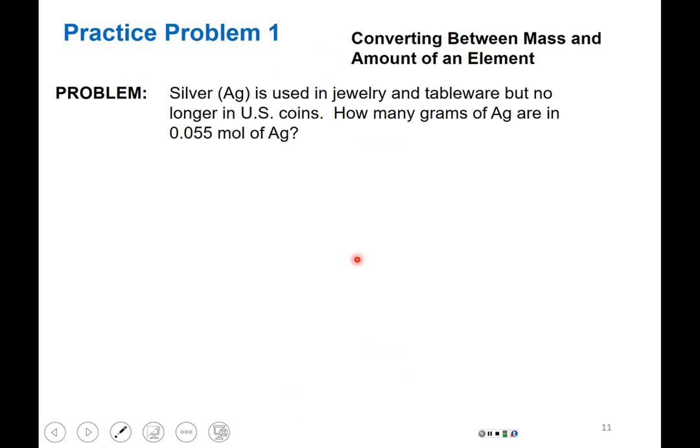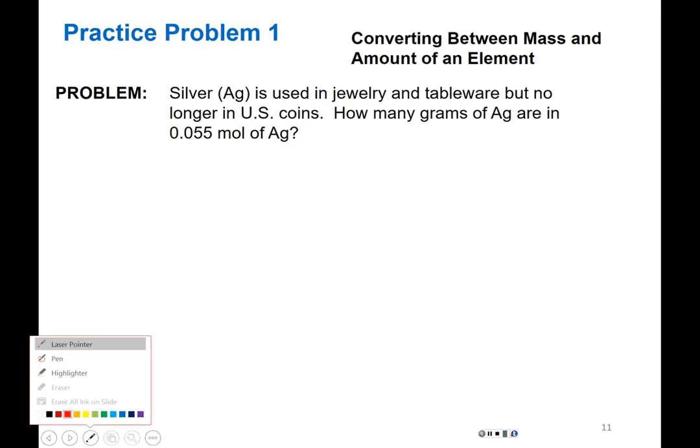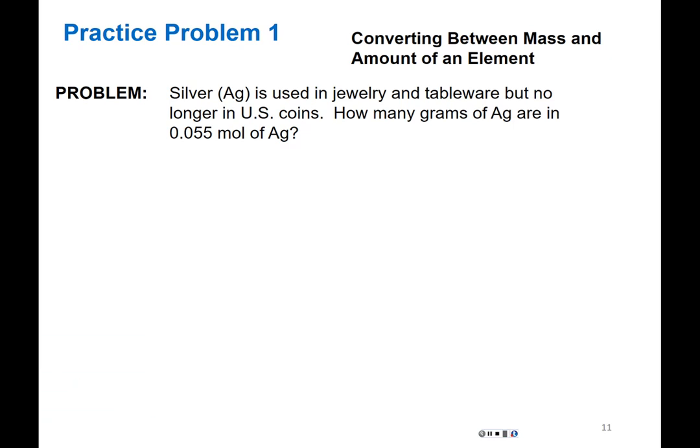Right, so let's try a couple problems. First problem, dealing with silver, and we are told that we have 0.055 moles of silver. How many grams are in 0.055 moles? Right. So this one is very simple, right?